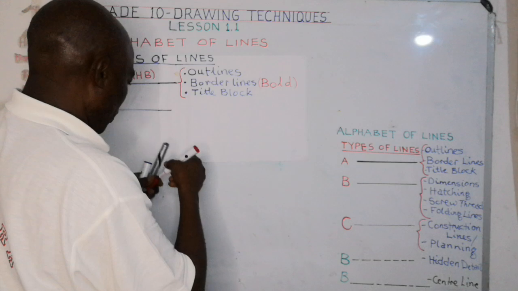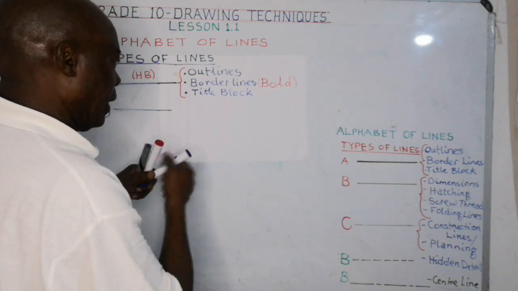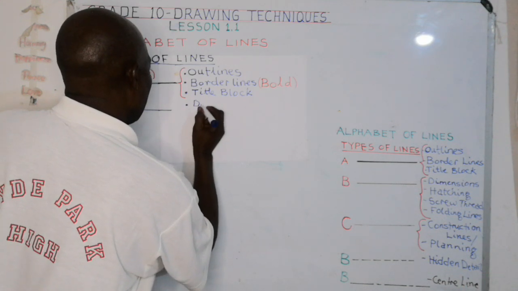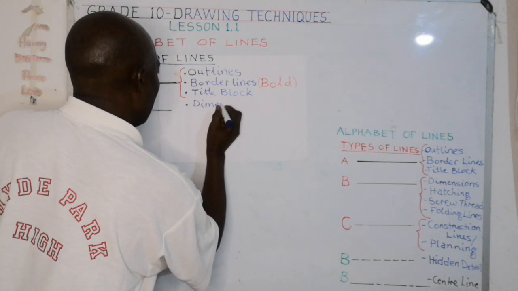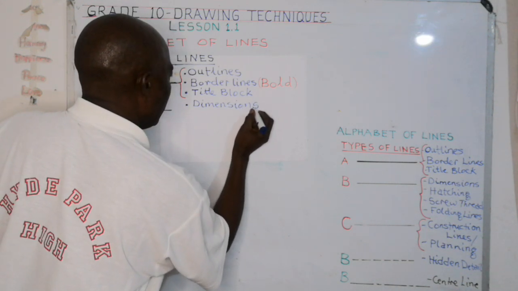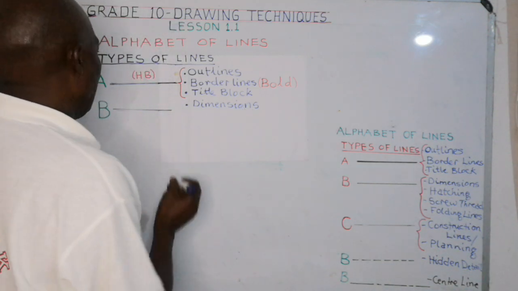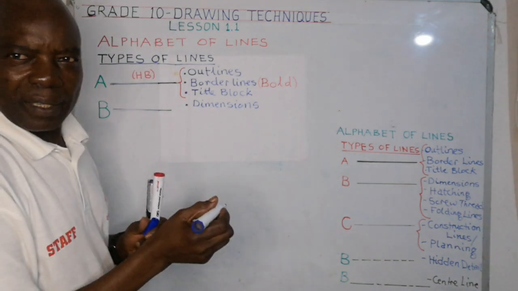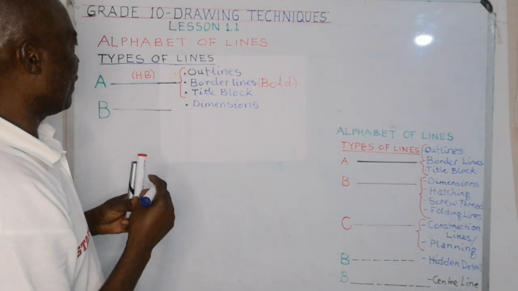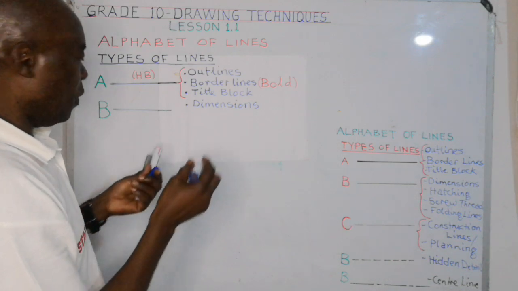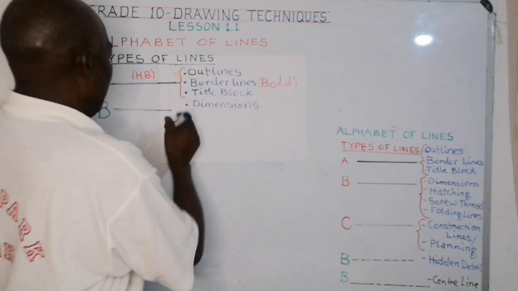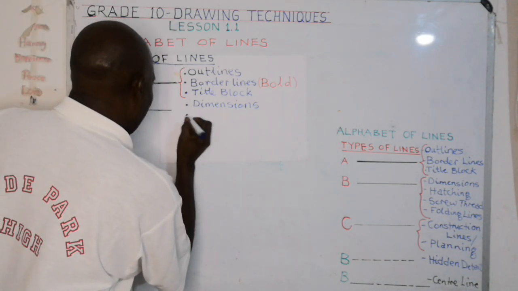And this one is used for the following lines: dimensioning. Dimensioning is when you put the sizes of a drawing. For example, the length could be 100 millimeters. So that's a dimension. Or the radius of a circle, say, 25. That's a dimension. So that's what you use line type B for.